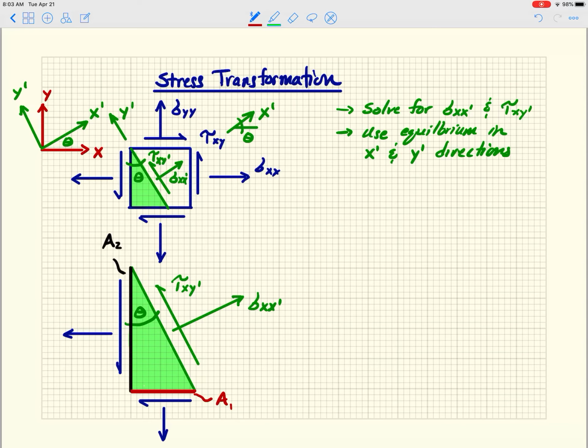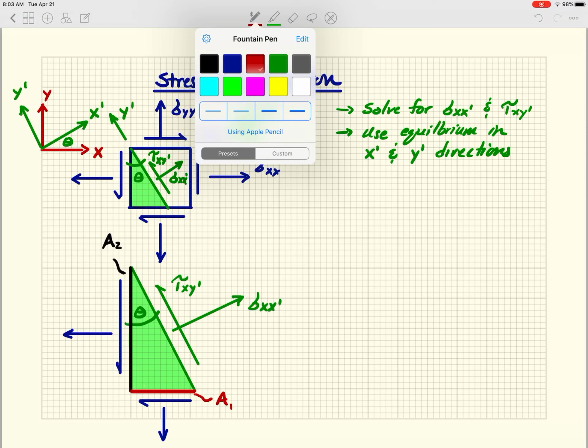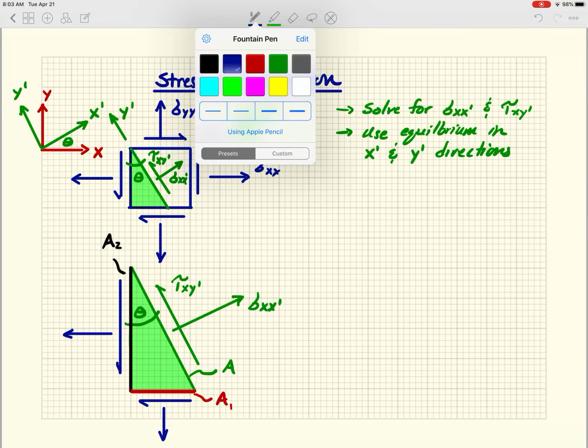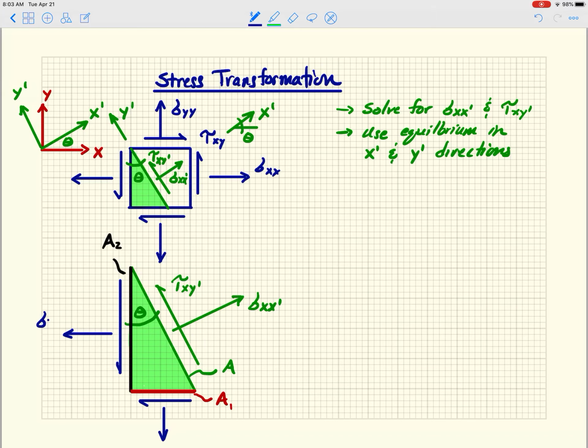So it turns out that you don't do equilibrium in terms of stresses, you do it in terms of forces. And so the first thing that we've got to do here is define the areas on which these stresses are acting. So that's sigma xx.